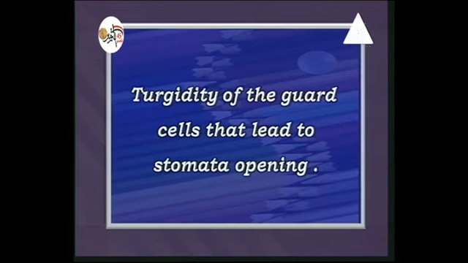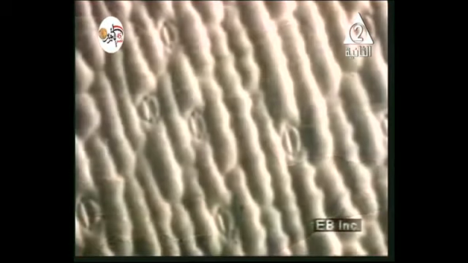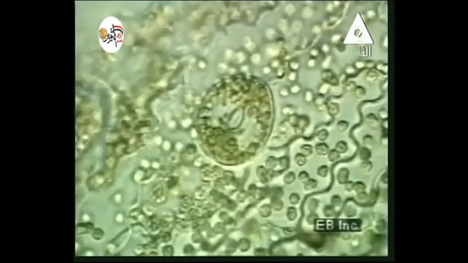I have here a nice video to teach you what stomata opening and closing means. On the lower surface of any leaf, we have very tiny pores, shown in the picture here in the video, that control the plant's water. They are surrounded by two guard cells.